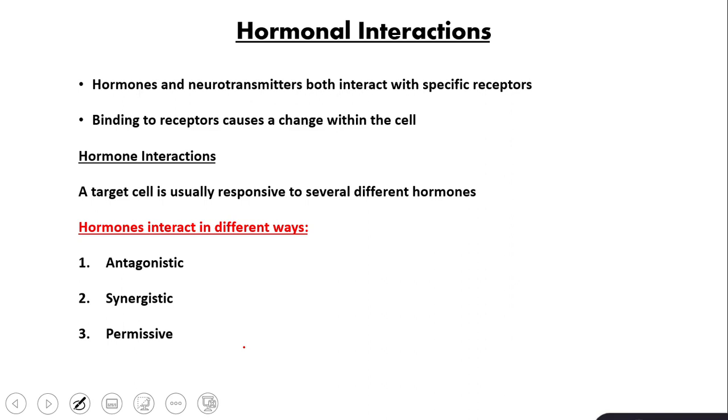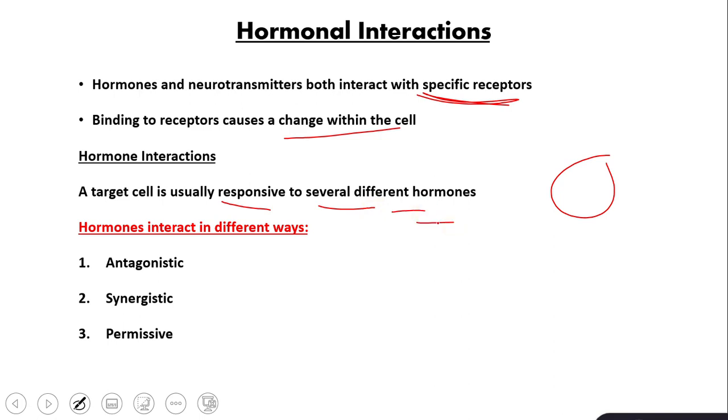The hormones and neurotransmitters both interact with a very specific receptor. So receptors that are very specific to the hormone or very specific to the neurotransmitters. And then as they interact with the receptors, they cause a change within the cell. A target cell is usually responsive to several different hormones.